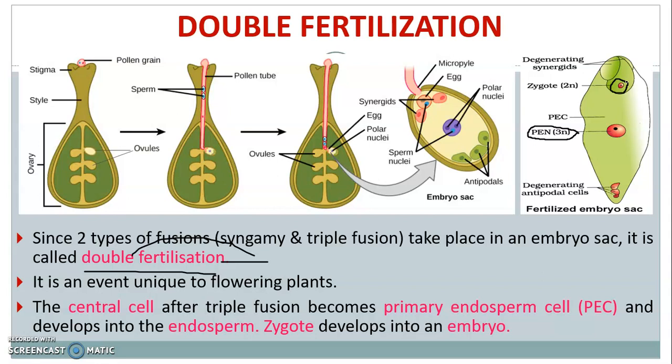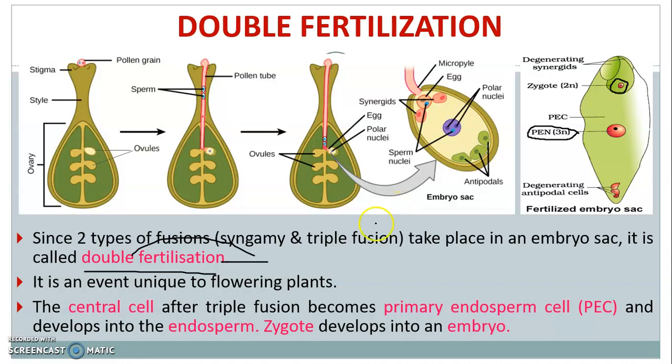So this complete event, where the fusion of gametes inside the embryo sac occurs in two different ways, is known as double fertilization. Now I want to tell you why this double fertilization occurs in the flowering plant.